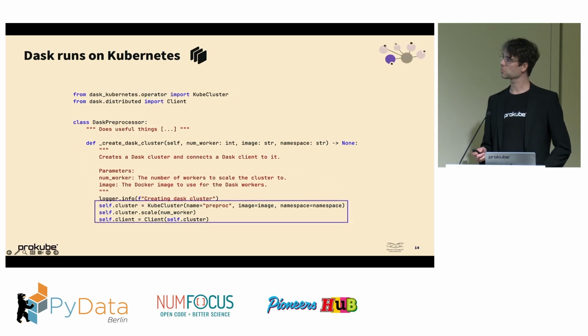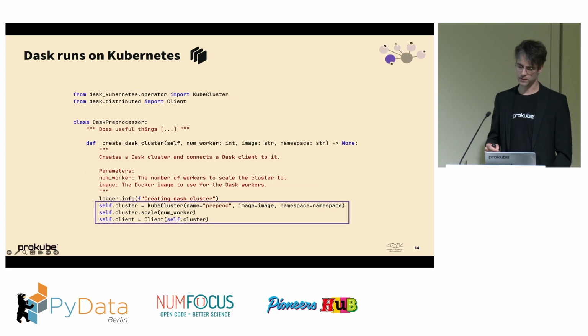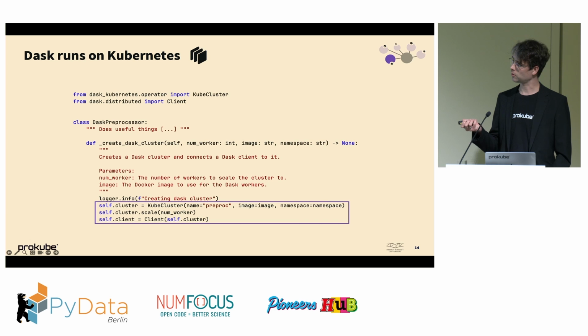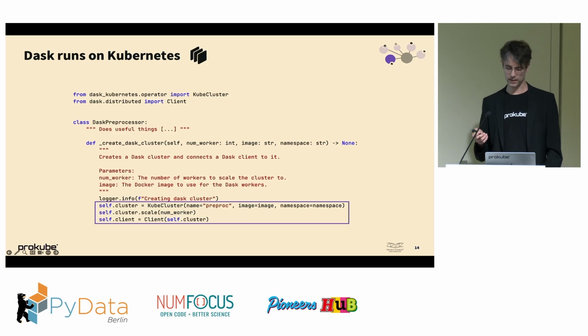All of this is wrapped in a class, but it's not really that important here. We create a new KubeCluster. We can scale it to a number of workers, which really depends on how big our cluster is or how much compute power our cluster admin allows us to use. Then we can connect the client, and if you know Dask, that's basically it, and then you can use Dask as much as you want.